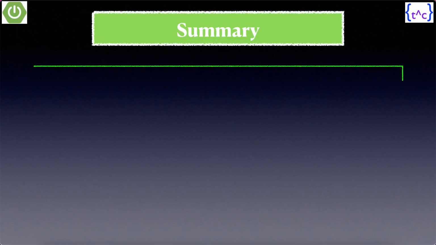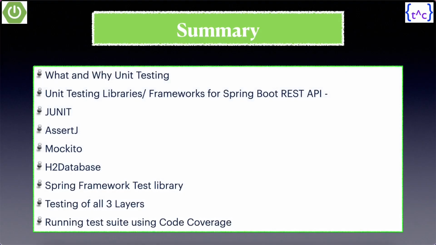So to summarize what all we have covered in this session, we talked about what and why unit testing is so important, what it is, what all unit testing libraries or frameworks are essential for testing the Spring Boot REST API application. We talked about JUnit, AssertJ, Mockito, H2 database, Spring Framework test library, which is essentially used in the controller layer testing. Then we tested all three layers, that is controller layer, repository layer, and service layer.